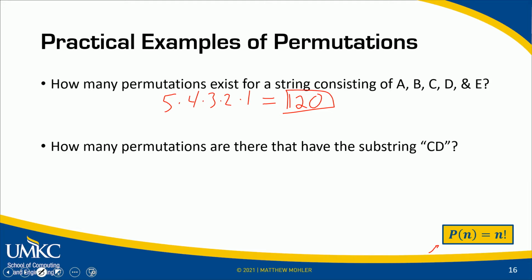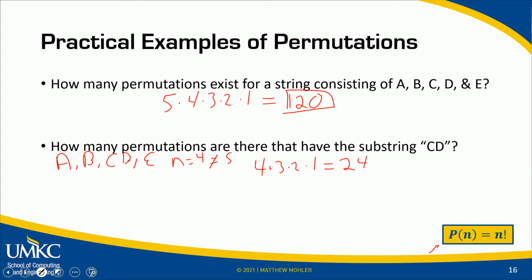So in this case, you now have the elements A, B, CD, and E as your possible elements, which means that now n is equal to 4, not 5. So again, using the same rule for permutations, this is just equal to 4 times 3 times 2 times 1, which is equal to 24.